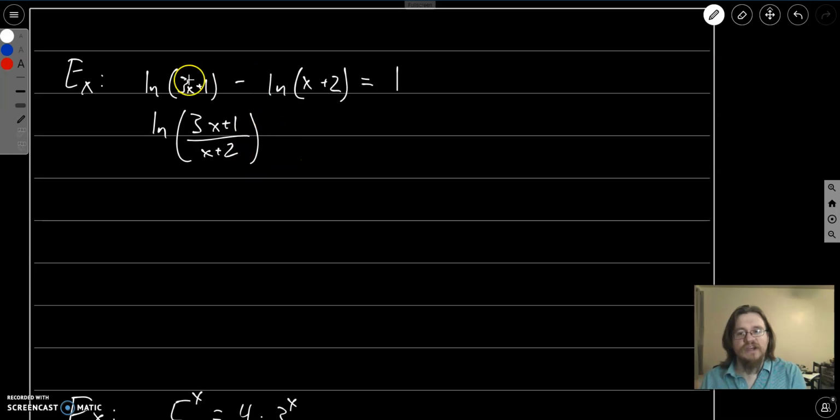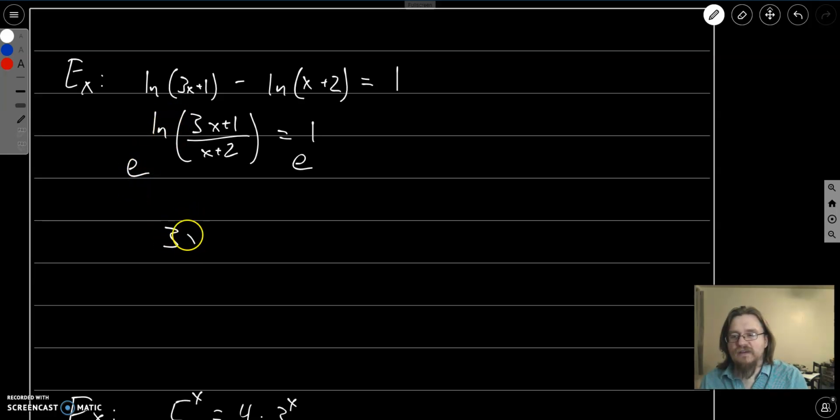Again, because we're subtracting, we will divide, and this is equal to 1. And so remember that the natural log is going to be log base e. So what I can do is take e raised to both sides, and raising e to a power to a natural log will cause these to cancel out.